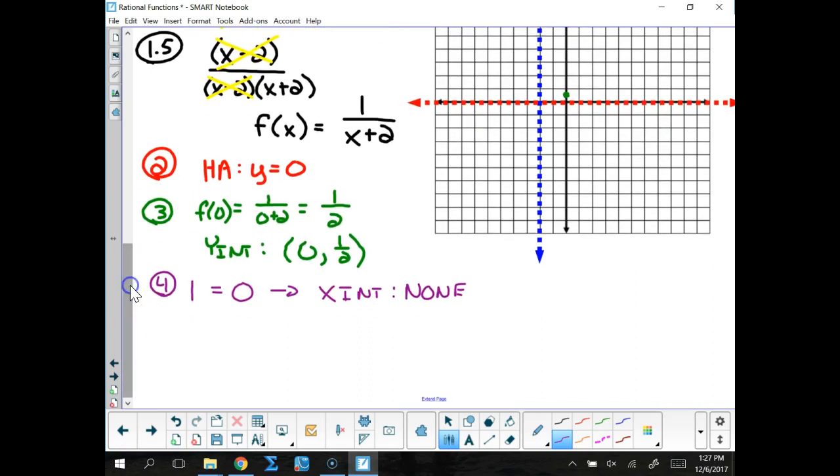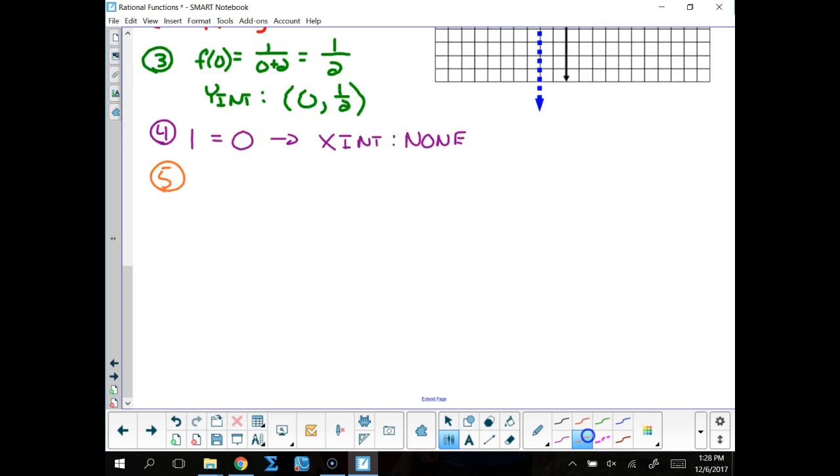So that leads us now to step number 5. Step number 5 says I have to find the hole. Okay? So, the first thing that I am going to do in step number 5 is set my common factor equal to 0.